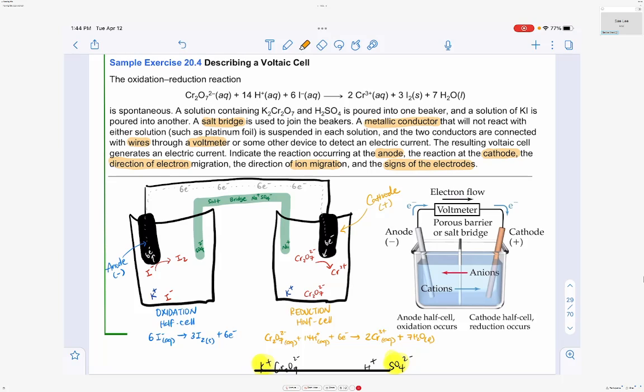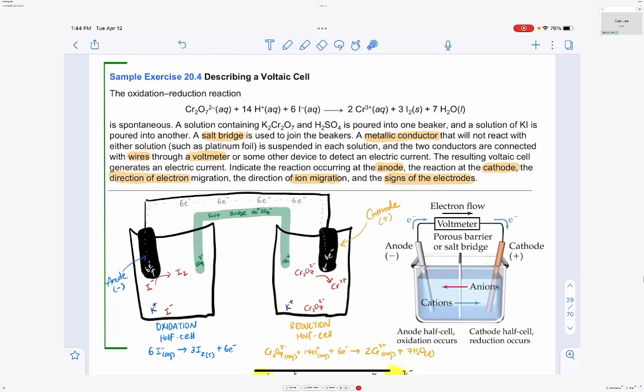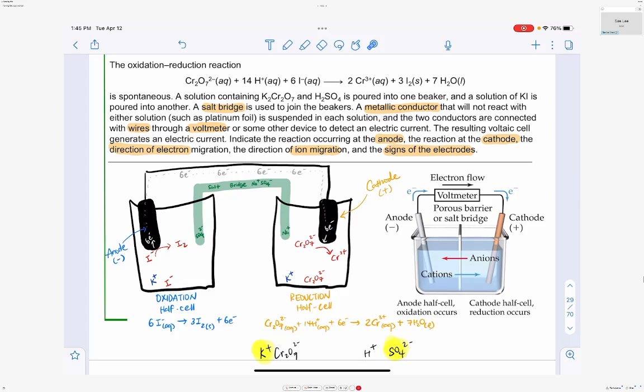So we are given a spontaneous redox reaction under acidic condition, and are asked to determine the resulting voltaic cell's reaction occurring at the anode, at the cathode, direction of electron and ion migration, and signs of the electrodes. In order to determine this information, it's always easier to draw out the voltaic cell diagram. So I drew it beforehand, so it's easier for us to visualize the voltaic cell.